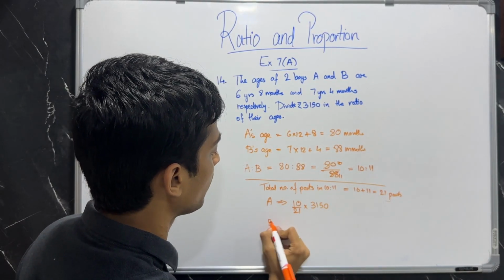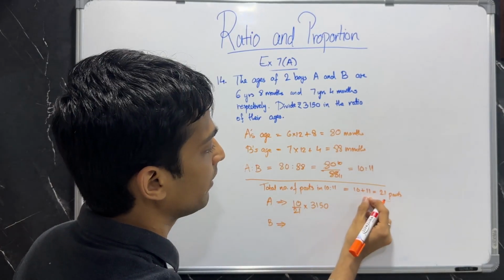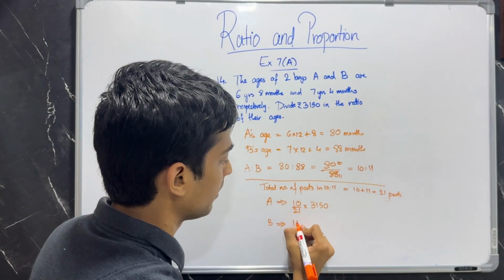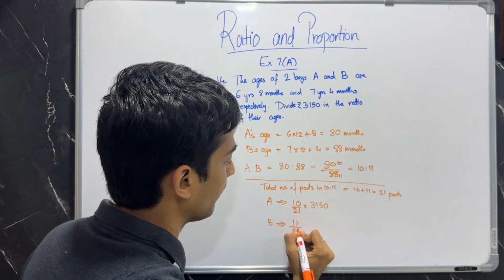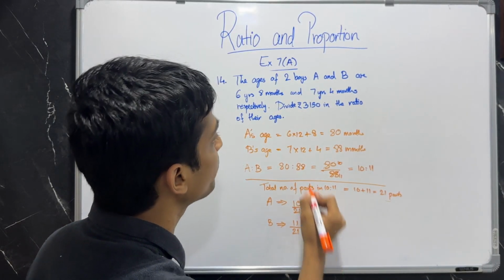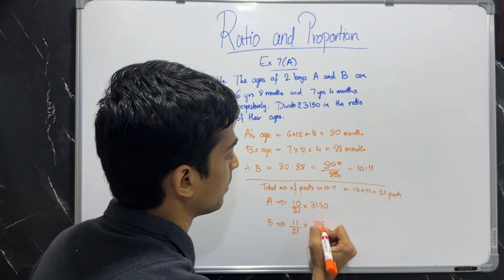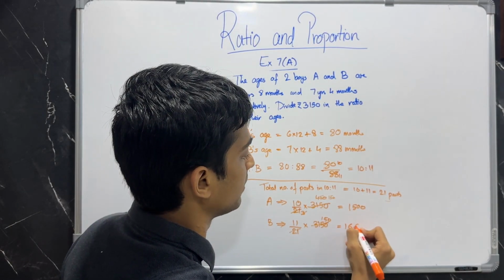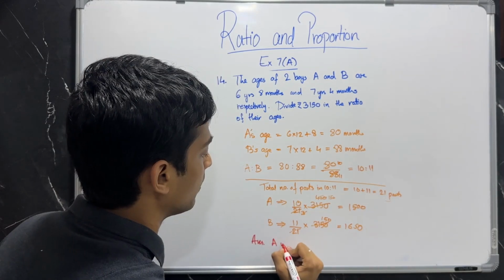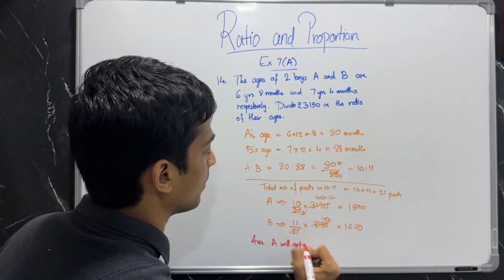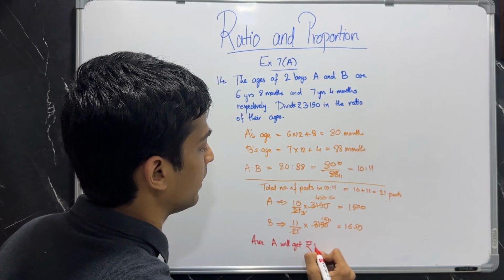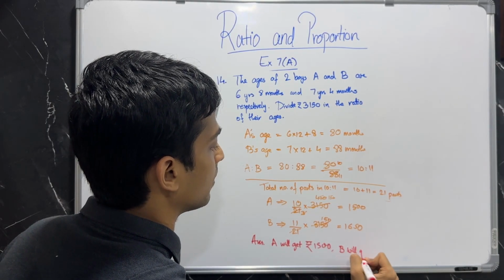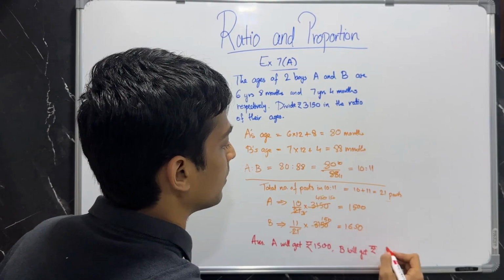And B is getting 11 out of 21 parts of 3150. So A will get 1500. B will get 1650.